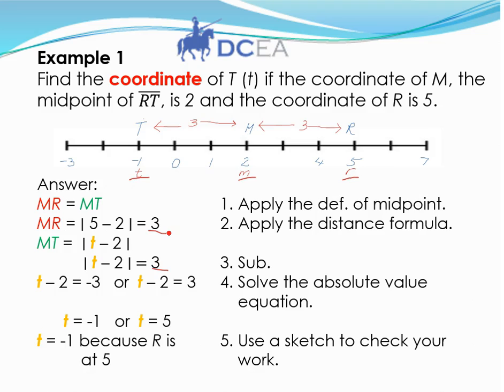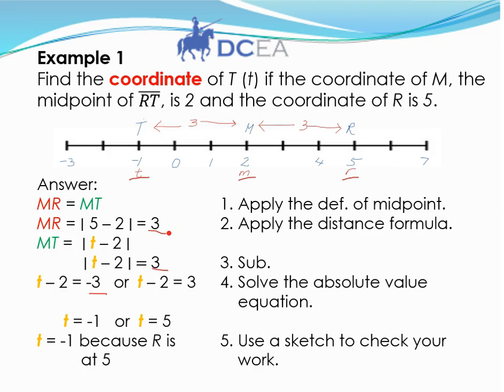So t minus 2 equals -3, or t minus 2 equals 3. Now where did I get the -3 from? Well, that was the actual math we did. When you take -1 minus -2, it's the same as saying -1 plus -2, which is -3.